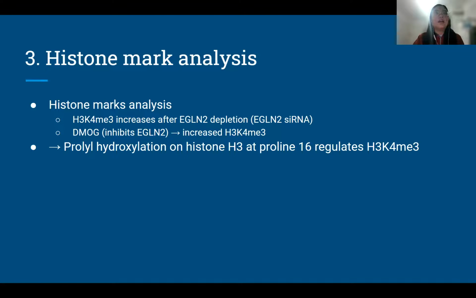And then they also added DMOG, which again inhibits EGLN2, and we can see that H3K4ME3, the trimethylation, is increased. What that means is that prolyl hydroxylation on proline 16 regulates this trimethylation on lysine 4, and the regulation comes in the form of decreasing trimethylation.